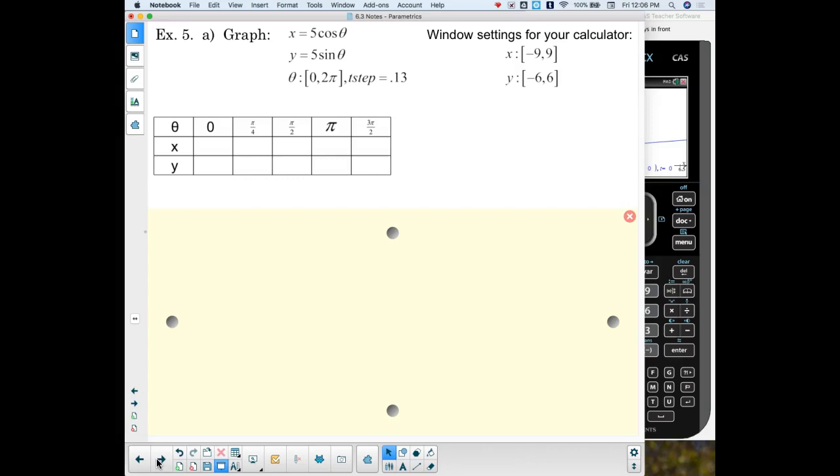Now, first semester we talked about conic sections. What was the conic section equation for a circle with radius 5 and centered at the origin? Anybody remember?